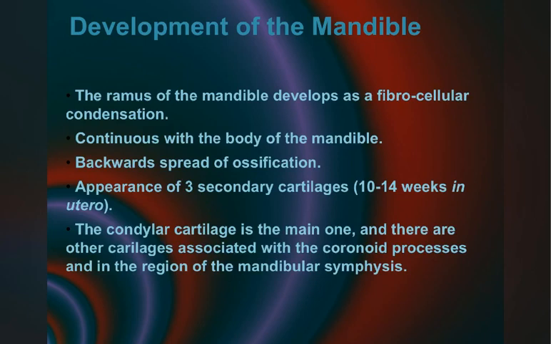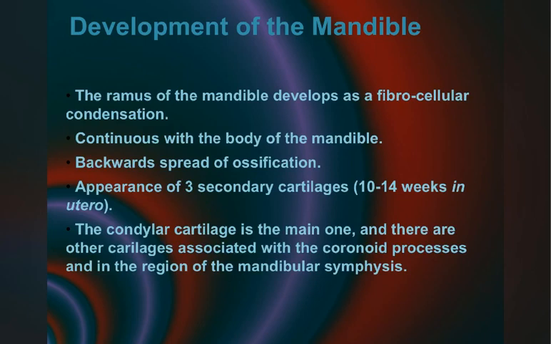Then this fibrous tissue will become bone by a process called intramembranous ossification. It's continuous with the body of the mandible. It's considered a backward spread of ossification from the body of the mandible.